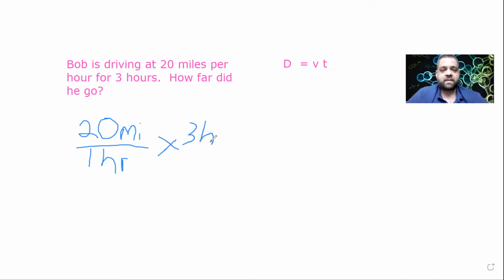Now, it would seem obvious maybe in this problem, but in other problems, it's not so obvious. So how do I know that I'm supposed to multiply and not divide? Well, you can, again, logically intuit it. Another way to figure this out is, look, if I set up the problem in this way, I know that my hours are going to cancel out. And I'm going to be left with 20 times 3 is going to equal 60.